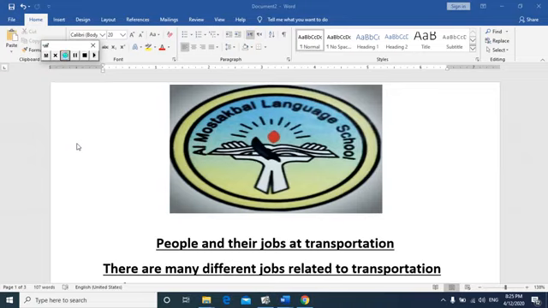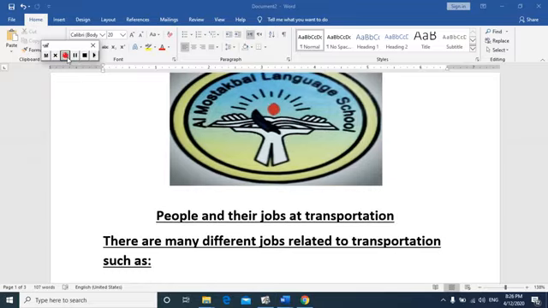And now let's start our new session today. We will talk about people and their jobs in transportation. Again, people and their jobs in transportation.